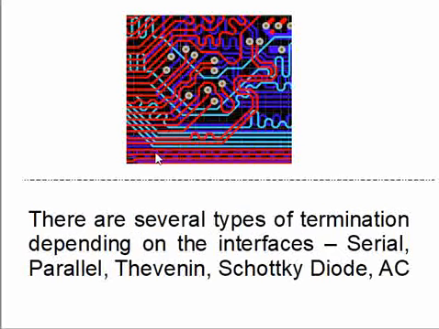Now, what are the different terminations that are present? There are several types of terminations that can be used on the board. Termination is a physical thing, for example, adding an additional component between the interface. We will talk in detail about these terminations and how they are achieved.